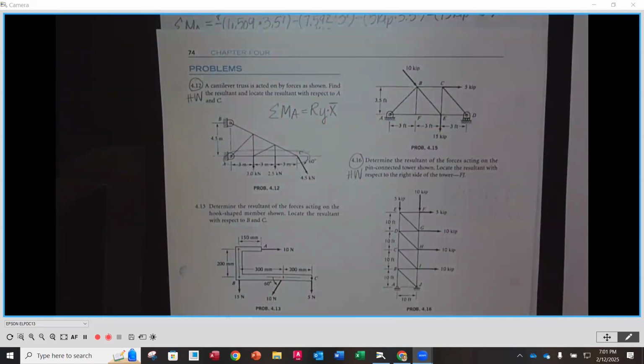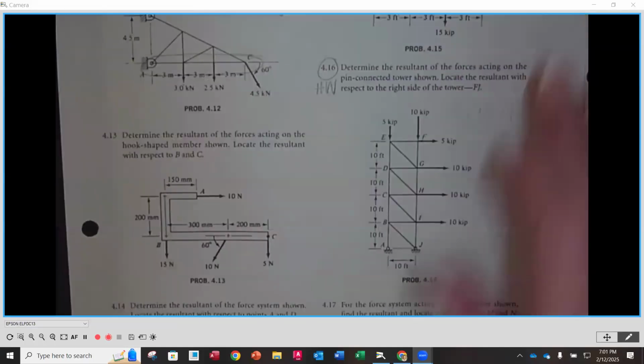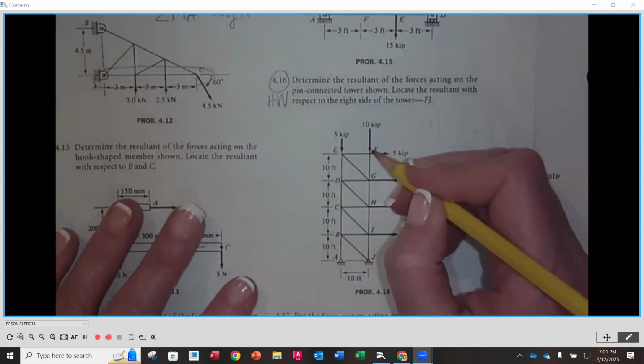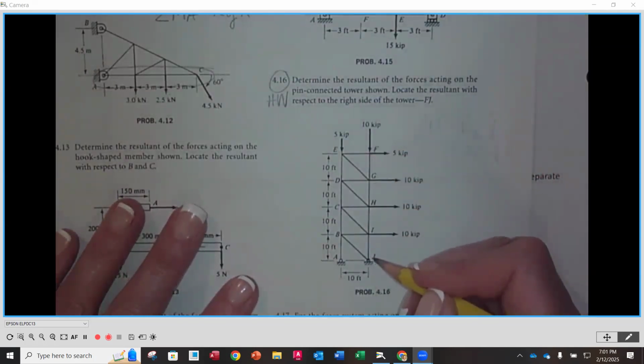That's your first problem. Your second problem is going to be 416. Okay. 416, we want to determine the resultant of the forces acting on the pin-connected tower as shown. Locate the resultant with respect to the right side of the tower, FJ. So this is the right side right here. It's a vertical line this time.